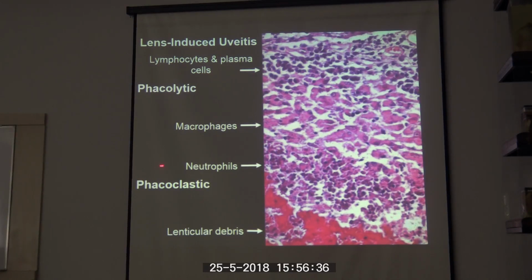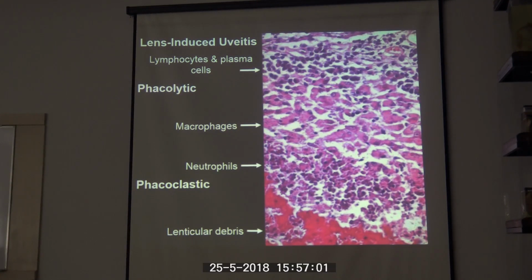If we get lens rupture and we have phacoclastic uveitis, we will see the added feature of neutrophils that will actually be more closely associated with this lenticular tissue that got released. So depending on the infiltrate, you would want to look for evidence of rupture of the lens.